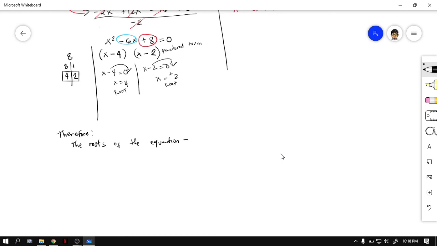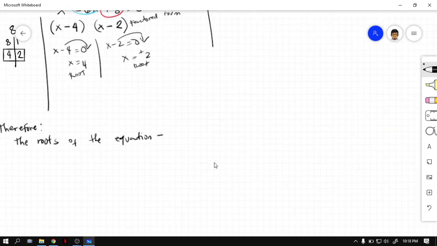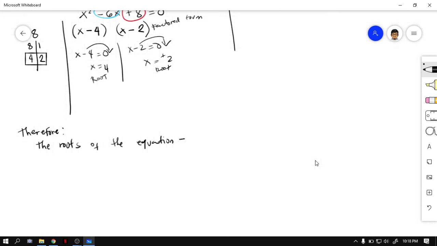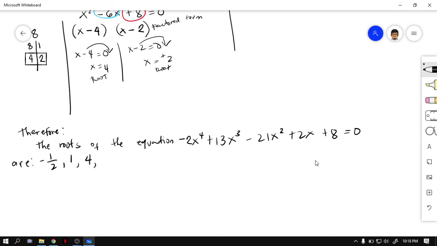Negative 2x raised to 4 plus 13x cubed minus 21x squared plus 2x plus 8 is equal to 0. Or, ano yung mga roots natin? Negative 1/2, positive 1, positive 4, and positive 2.